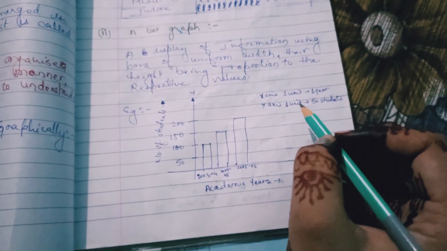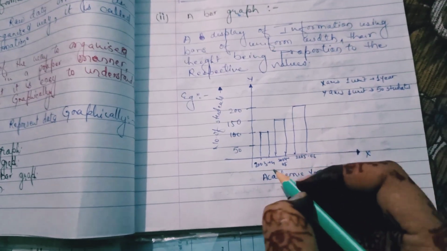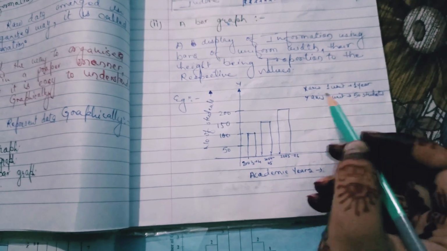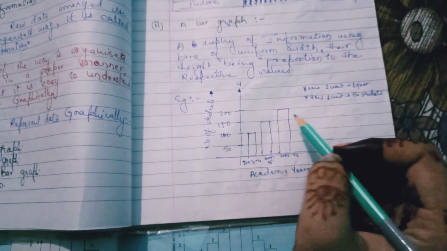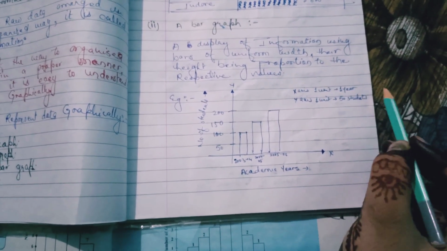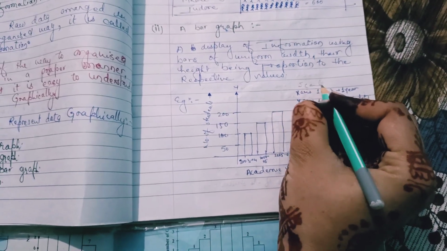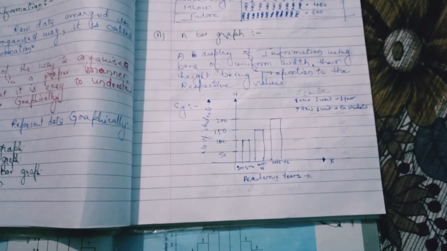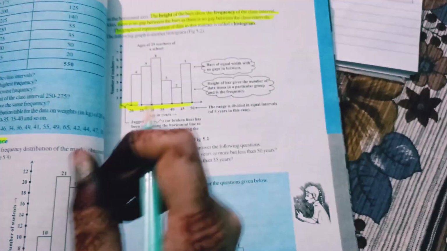So 1 unit here from 3 to 4 is 1 year. So on the x-axis 1 unit is 1 year, and on the y-axis it is 50, 100, a difference of 50, so 1 unit is 50 students. That is how you can represent the scale. This is called scale representation, and don't forget to mention it in your question. I hope it is clear to you. That is how you can represent the data.